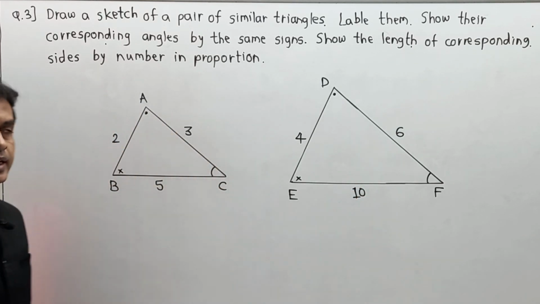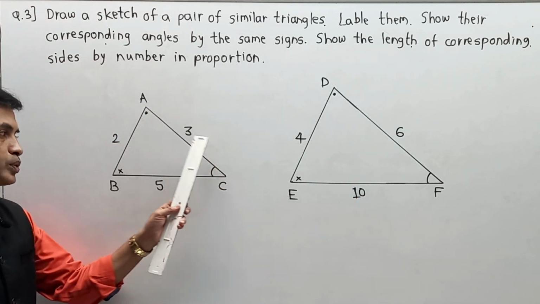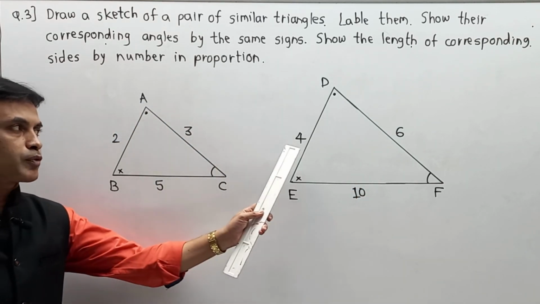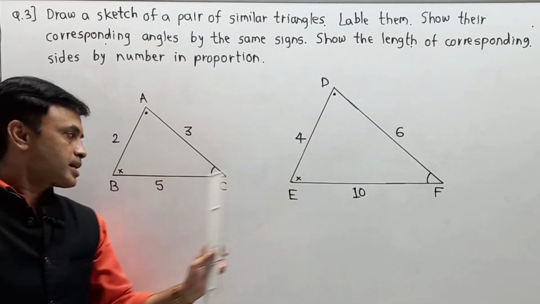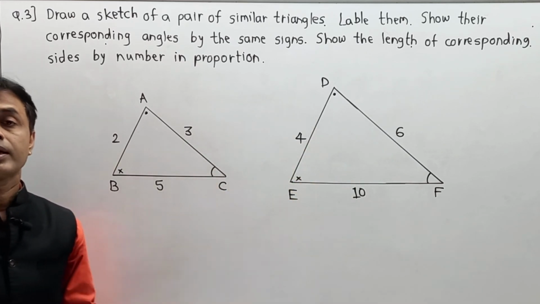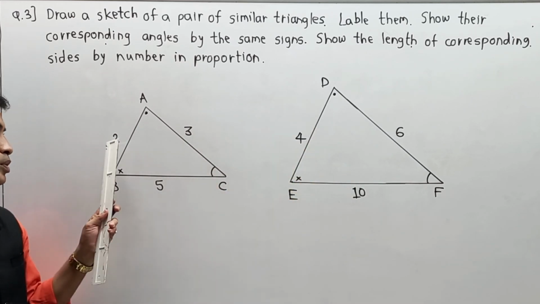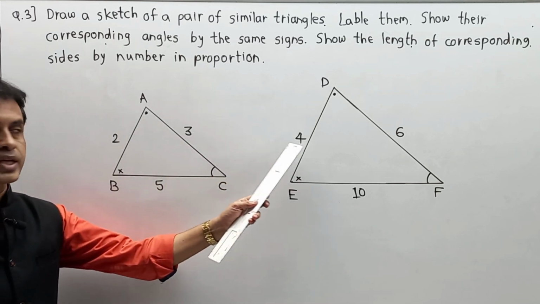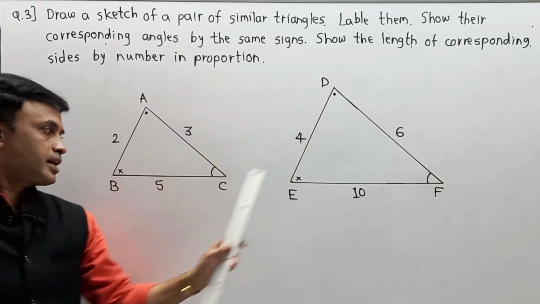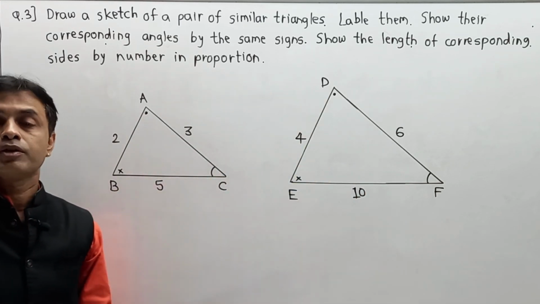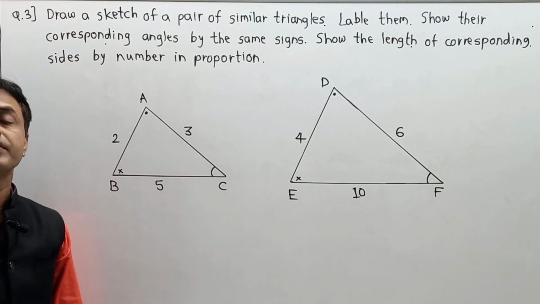So these are 2, 3, 5; 2 is double 4, 3 is double 6 and 5 is double 10. You can also make it triple: 2, 6; 3, 9; and 5, 15. You can make it double, triple or half, depending upon you.